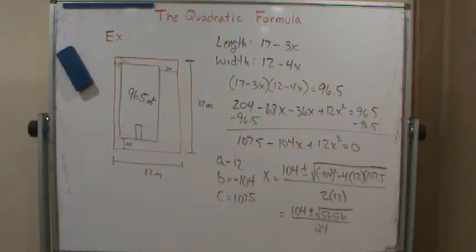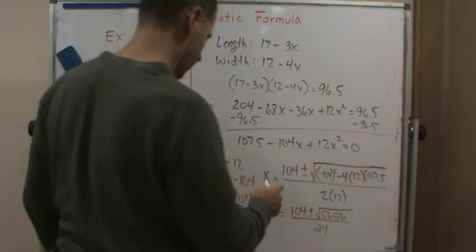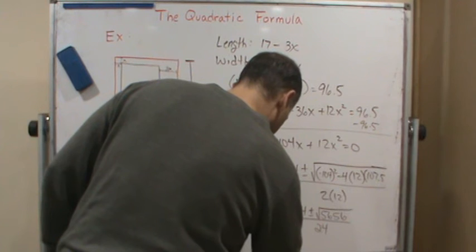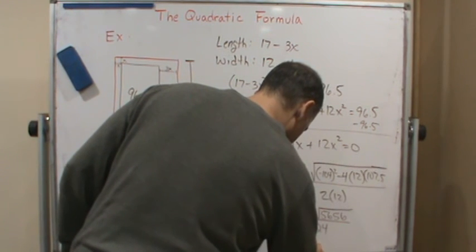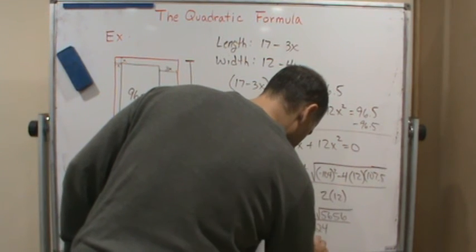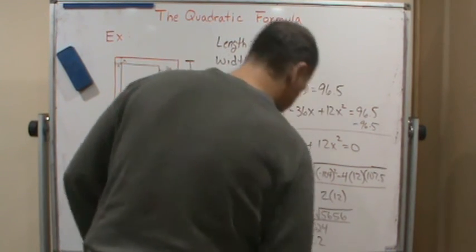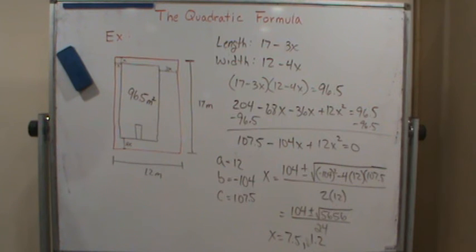And so if we solve for this, we get x is equal to either 7.5 meters or 1.2 meters.